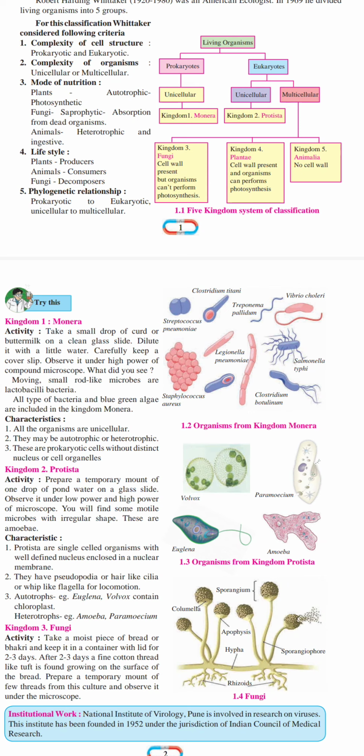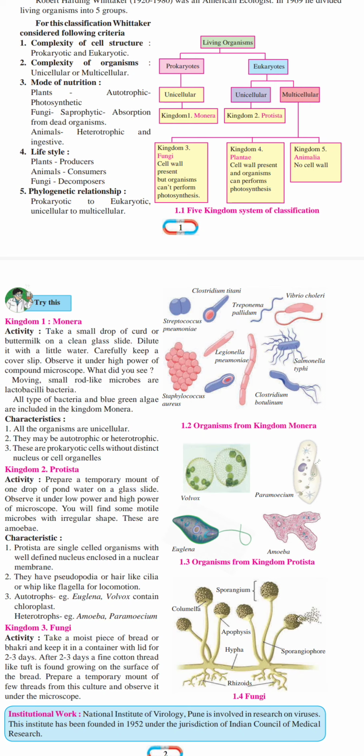They are autotrophic or heterotrophic, meaning they can prepare their own food or depend on others. They are prokaryotic cells. As I already told you, the cell membrane is there but not properly developed. They are cells without a distinct nucleus or cell organelles, meaning the nucleus is not proper in this category of prokaryotic cells of the Monera.